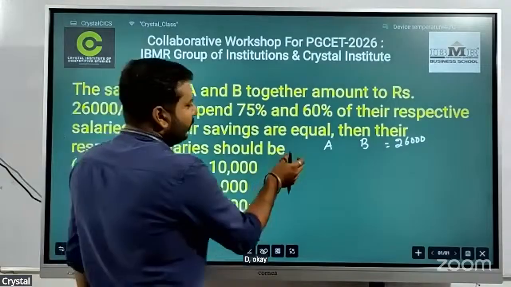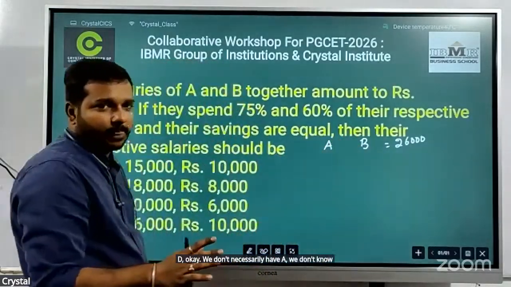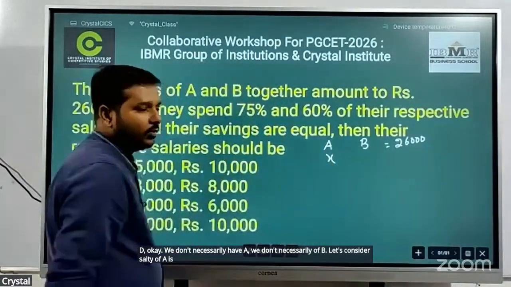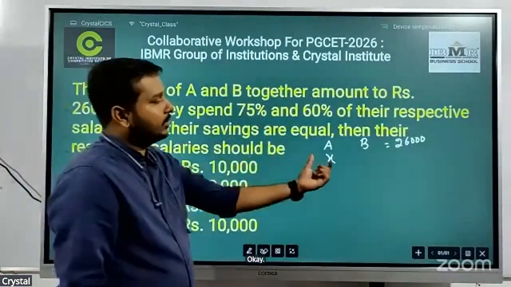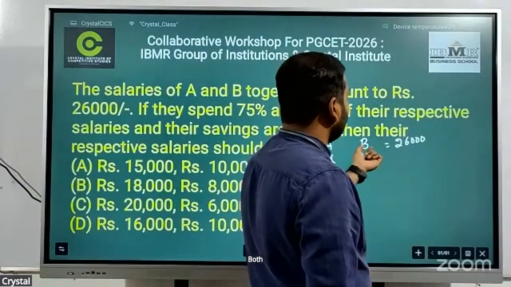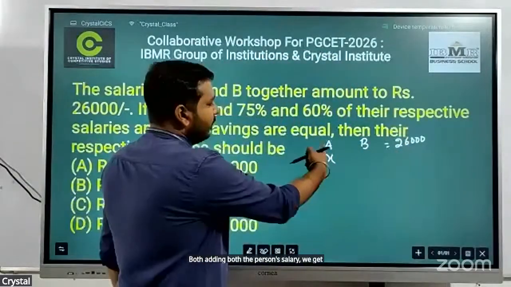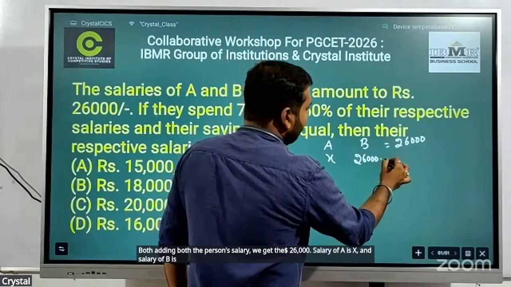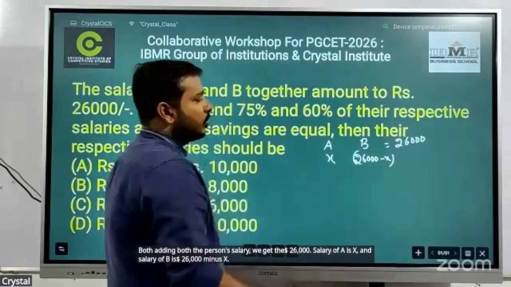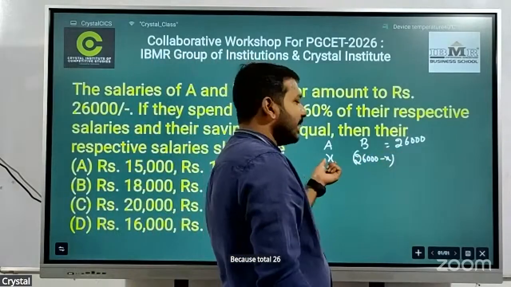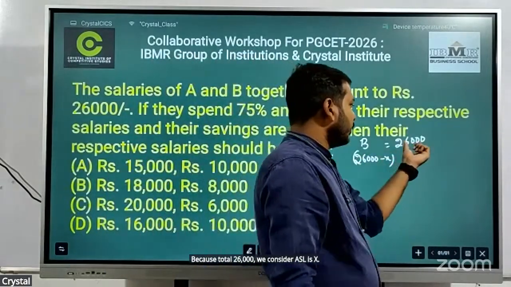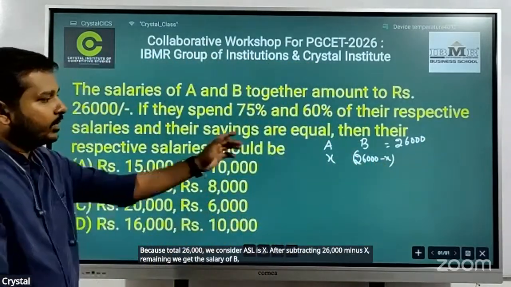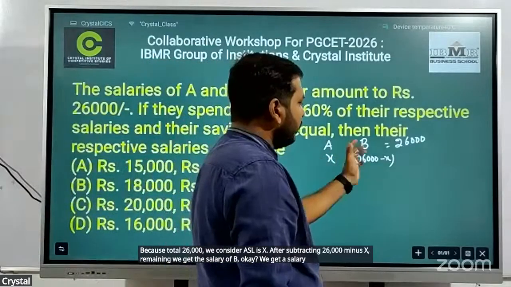We don't know the salary of A or of B. Let's consider the salary of A as X. Adding both persons' salaries, we get 26,000. So the salary of A is X and the salary of B is 26,000 minus X, because after subtracting 26,000 minus X, the remaining is the salary of B.